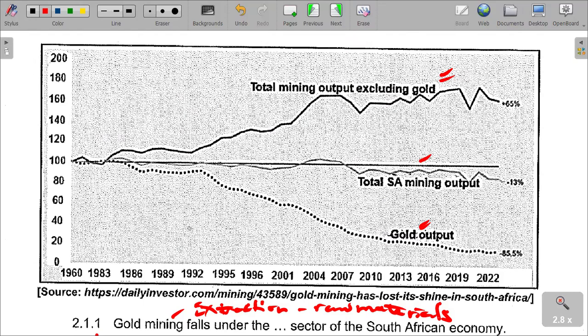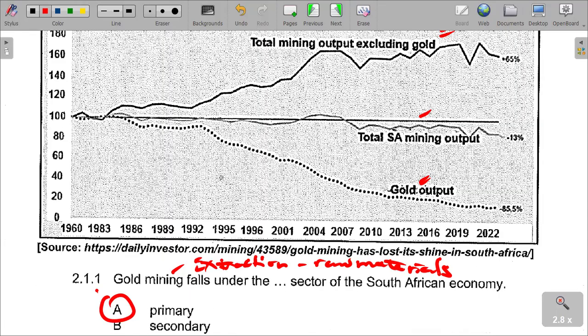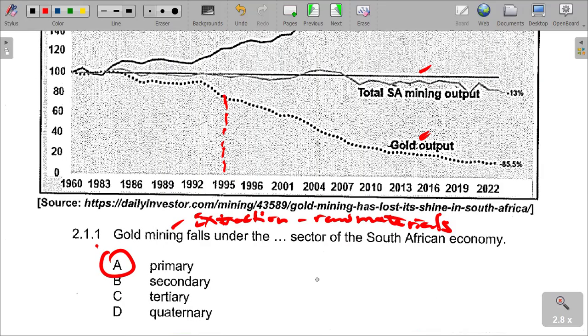This is where we are, so we are talking about this trend. We can see that it is actually decreasing.